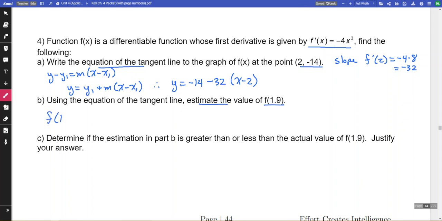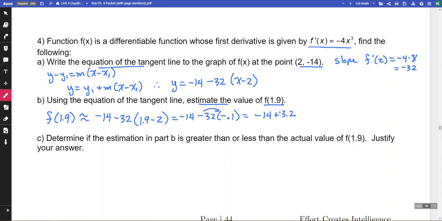Well, our linear approximation, f of 1.9, is going to be approximately negative 14 minus 32 times 1.9 minus 2, which is negative 14 minus 32 times negative 0.1, which is going to be negative 14 plus, right, this negative times that negative, plus 3.2.